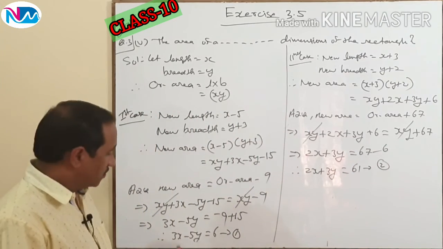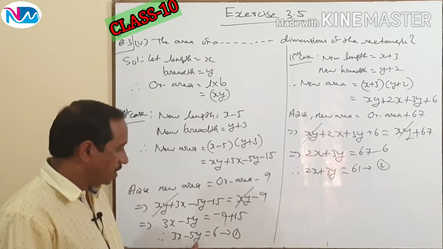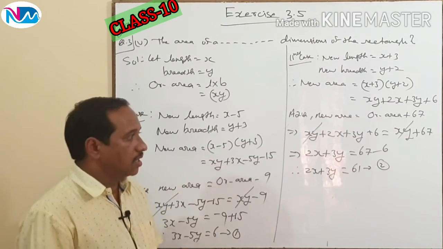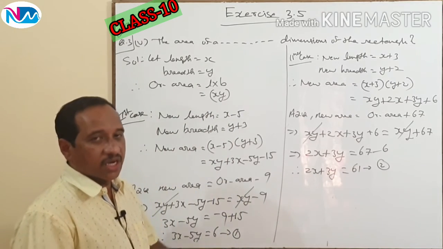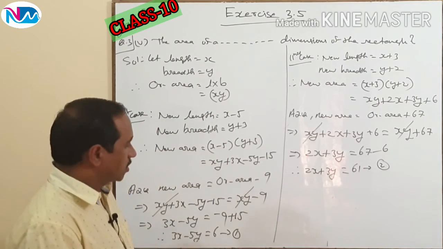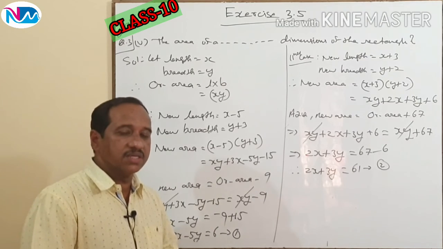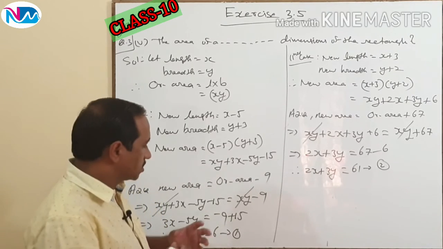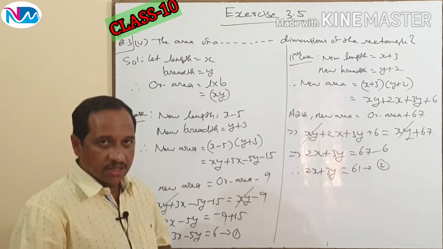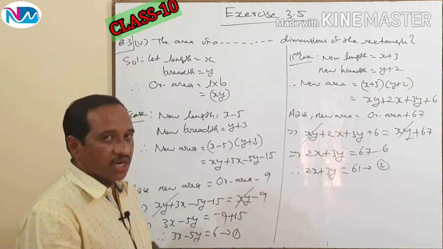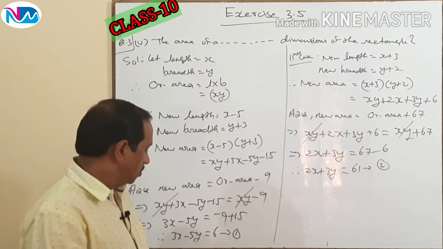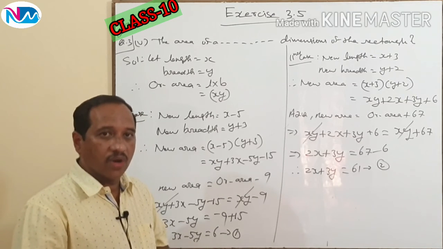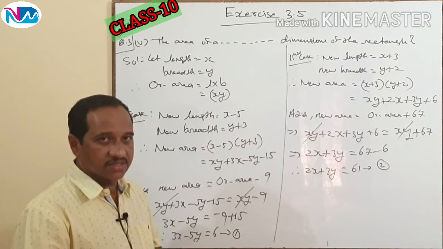So we have the first equation 3x minus 5y is equal to 6, and the second equation is 2x plus 3y is equal to 61. We have to solve the two equations by any one of the methods we have learned. I am going to solve it by the elimination method. To solve it by the elimination method, we have to make the coefficients of x or y equal. I am going to make the coefficient of y equal in both the equations.